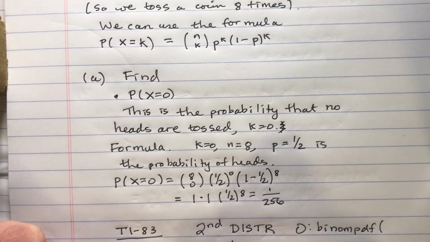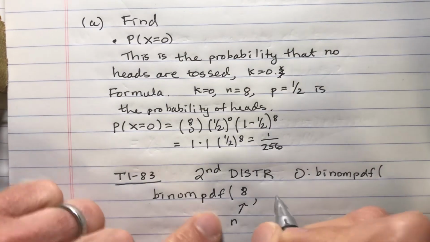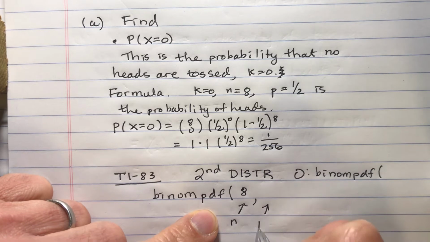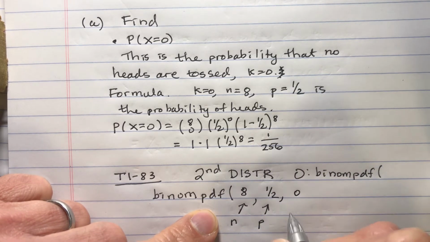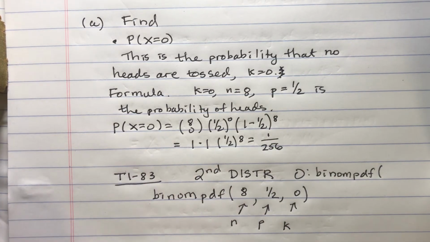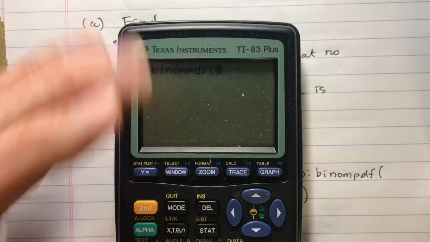So the order is n, p, and then k. Let's see if that works. And you have to put commas.